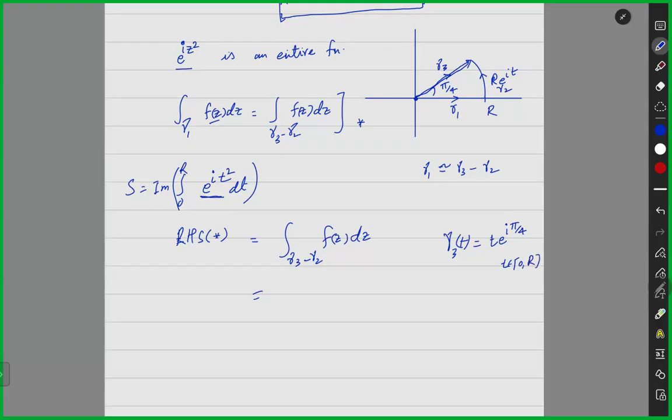So we can reparameterize it, make the interval 0 to 1, but no problem. So at the end, we'll put r equal to infinity, or r tends to infinity. So no problem to that.